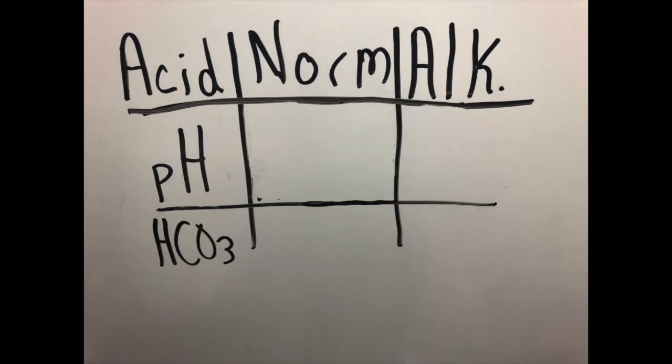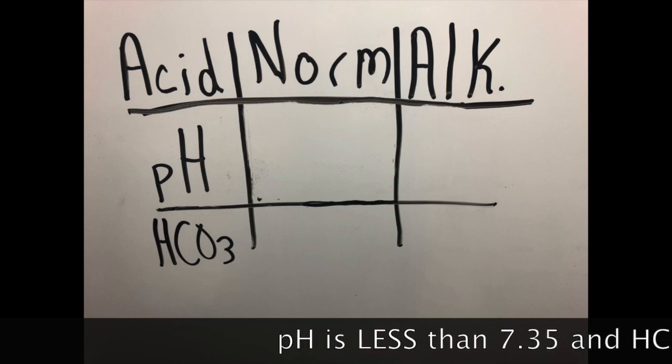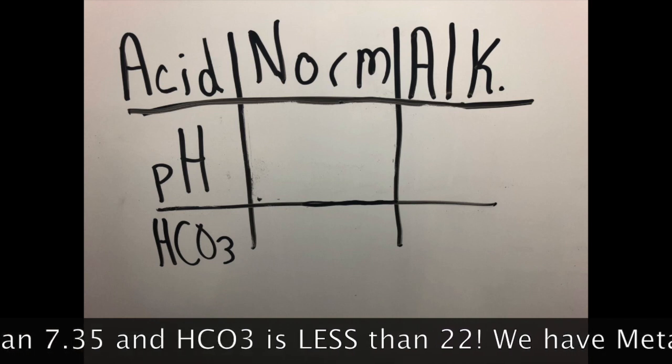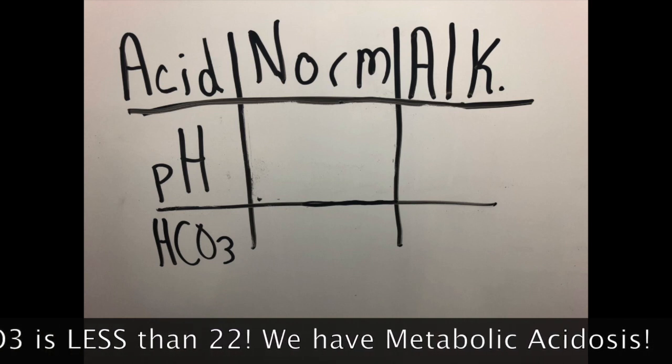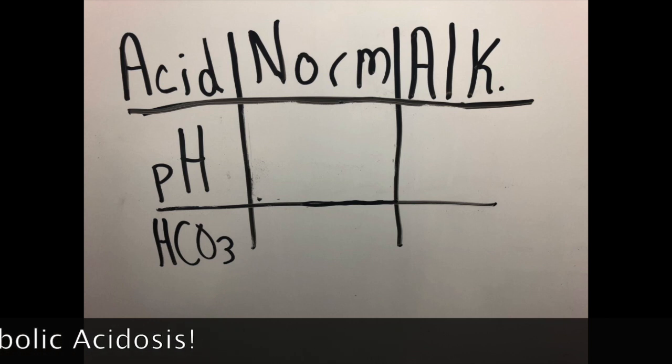So when we look at our lab values, pH, we have a pH less than 7.35. Then we look and our HCO3 is less than 22. Let's say it's 20. So now we know pH, we're in acidosis, and look at that, the HCO3 tells us it's metabolic acidosis.